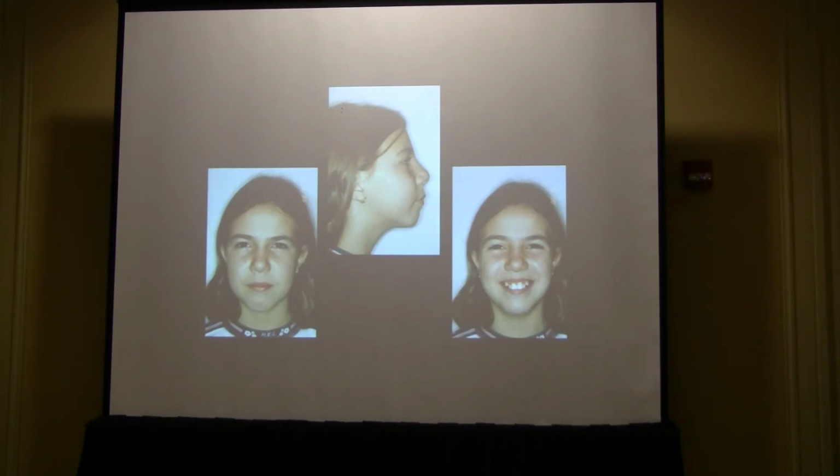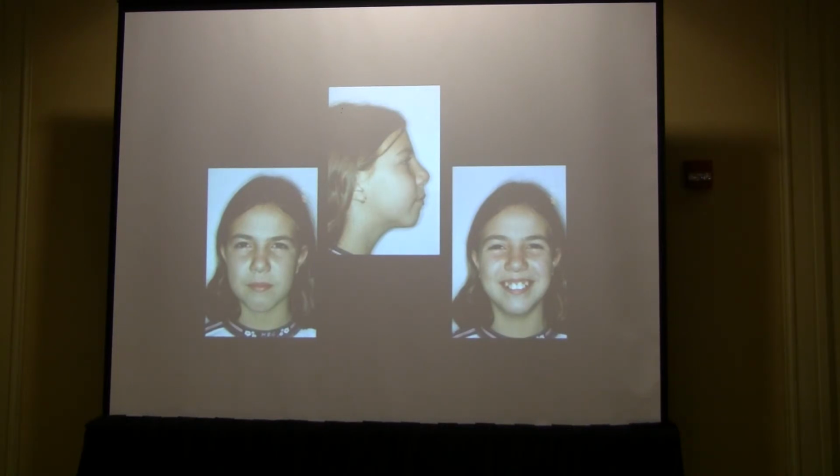So, in the first case, we were surely able to begin treatment late, so we could think that it would be impossible to make changes in the direction of her facial biotype.